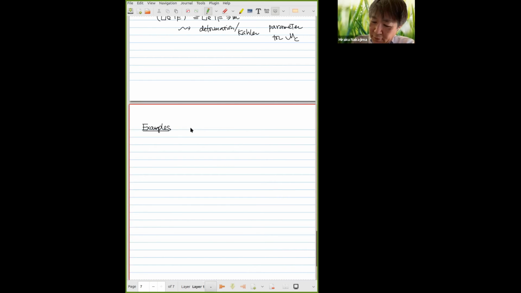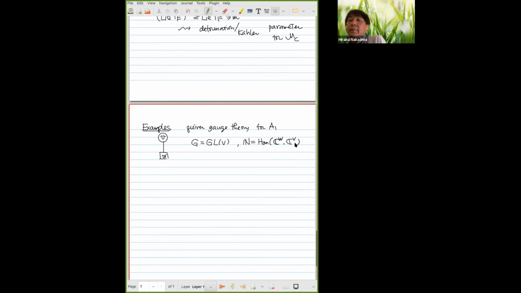So this is secretly the quiver gauge theory of type A1. I will introduce quiver gauge theory tomorrow on Wednesday. You usually denote circles and crosses. G is GL(V), and N is Hom(C^V, C^W).